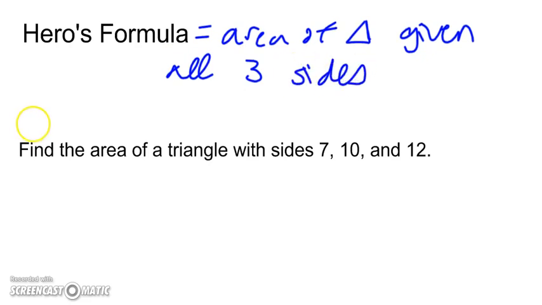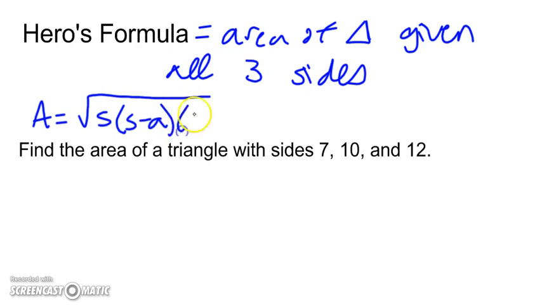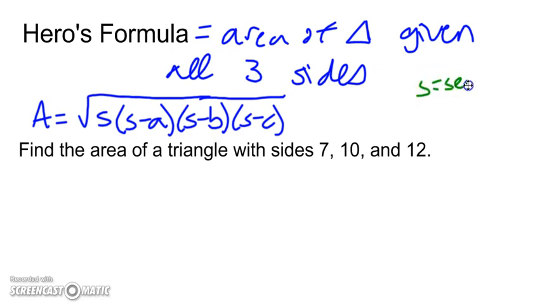And so first off, the formula, and so what do these mean? The S stands for the semi-perimeter, or half the perimeter. And then A, B, and C are the 3 side lengths.